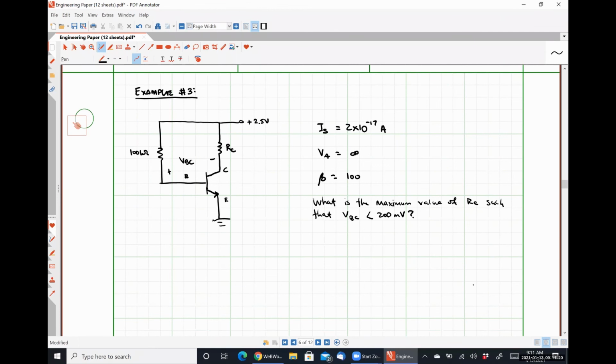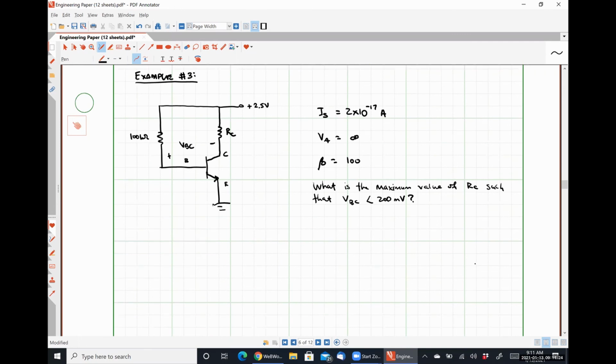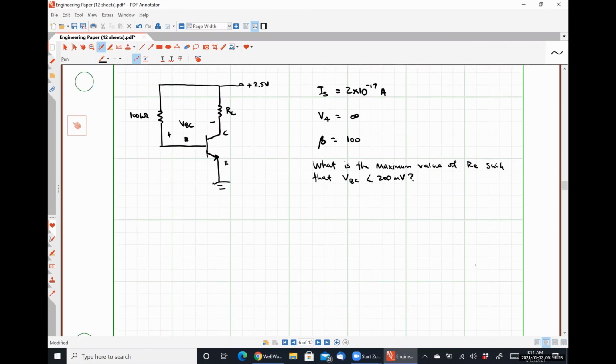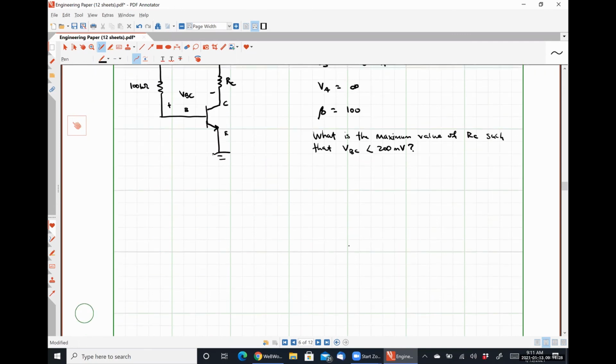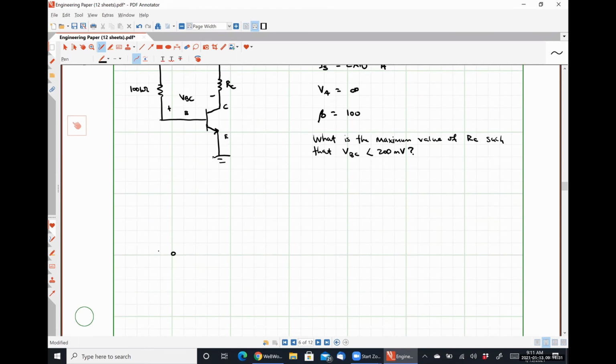Goodness, we got 4 minutes left. All right. So I'm going to draw our large signal model here, and I think this will help us even if we don't manage to get all the way through it before class is supposed to be over. Here's our voltage, VBE.